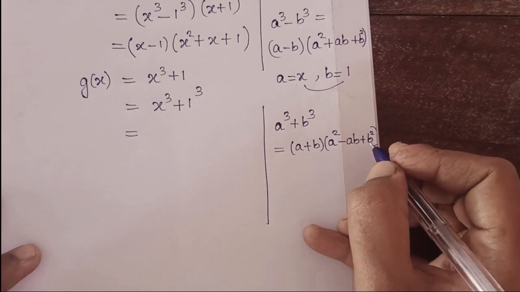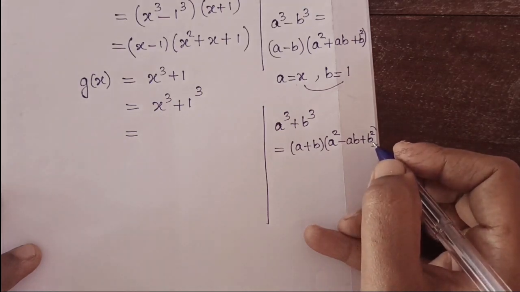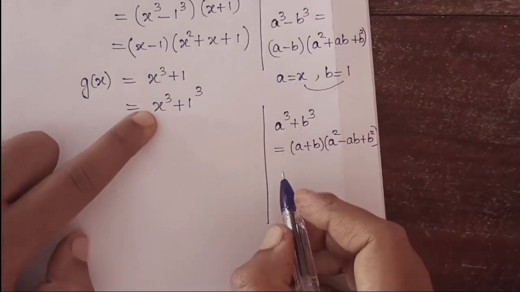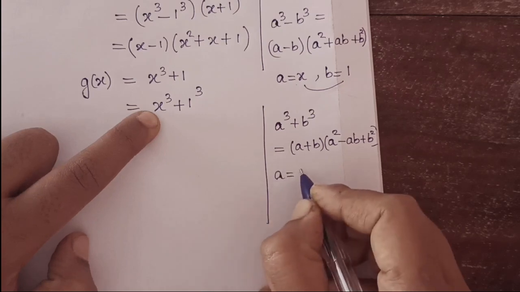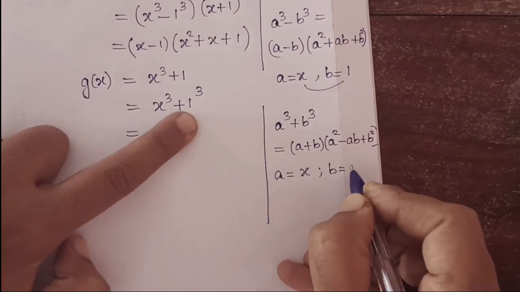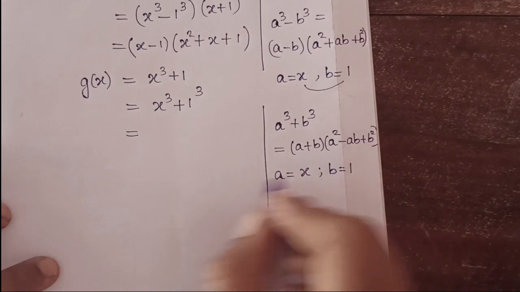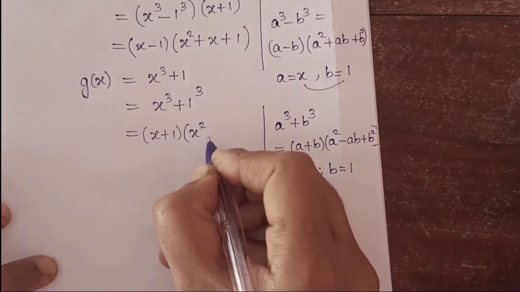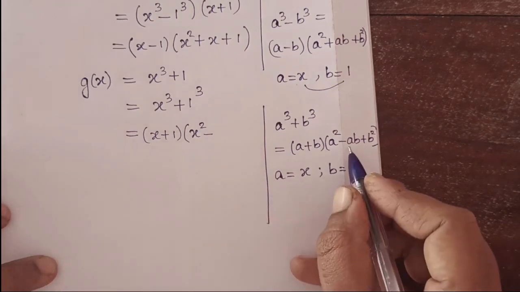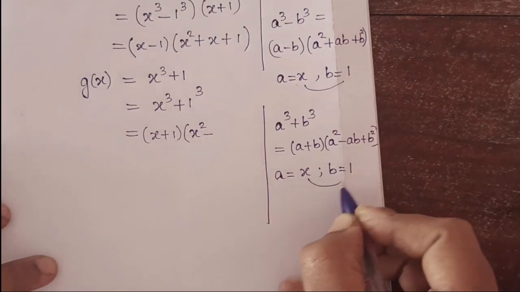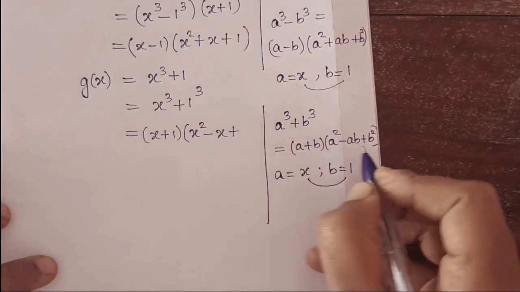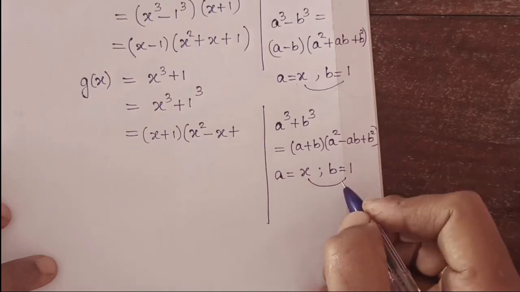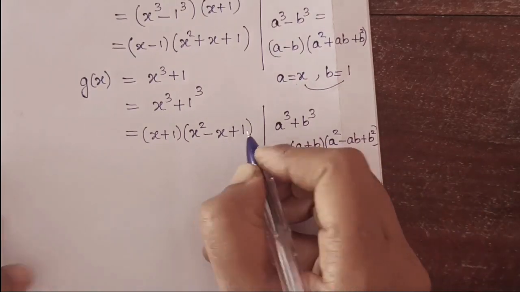You should be thorough with the formulas, identities. Okay. So in the place of a you need to put x, in the place of b you need to put 1. Applying the identity here, x plus 1 into x square minus ab, that means x into 1, x plus b square. What is the meaning? 1 square, so that also 1.